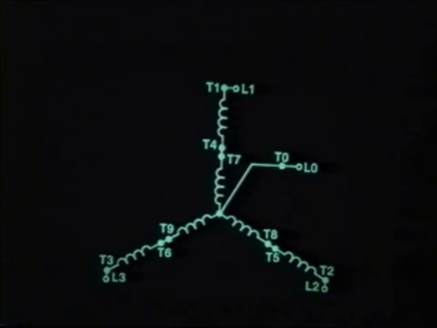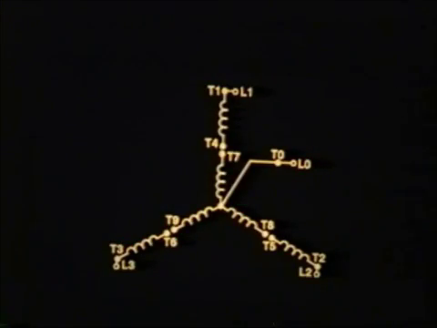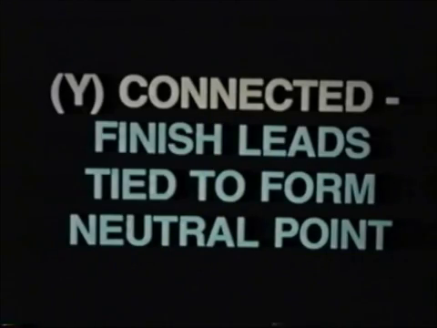Three-phase 10-lead wire Y-connected alternators are two circuit units with the finished leads of one of the two coil groups of each phase tied together with the 10th or neutral lead brought out. These units are then reconnectable for low voltage range when connected in parallel, or high voltage range when connected in series. Remember, with Y connection, the finished leads of each of the three phases are tied together to form a neutral point.